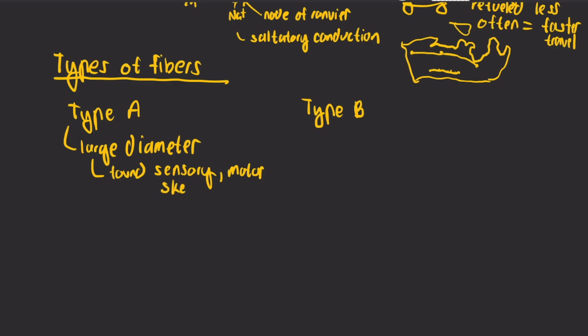I'm just going to put SKM. You are going to mostly find these types of fibers in sensory neurons, motor neurons, and skeletal muscle. The reason being is that you want really fast, okay? So I will just put 130 meters per second here.